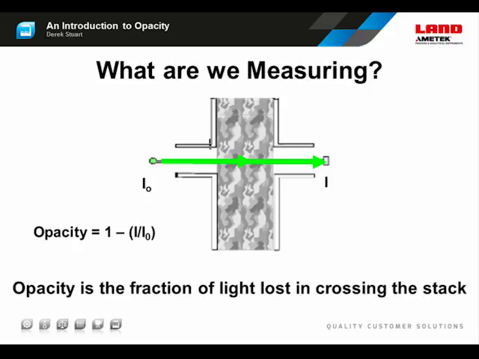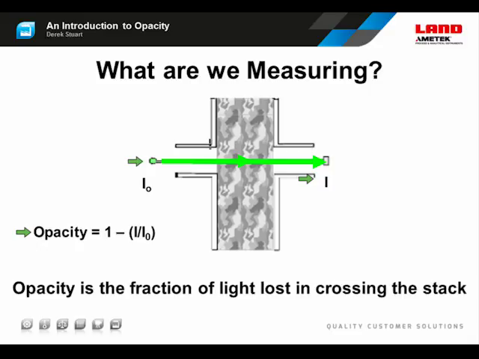So the mathematical definition of opacity is the fraction of light that's lost in crossing the stack. So if we have a light source on one side of the stack with intensity I0, and a detector on the other side that measures intensity I, opacity is 1 minus I divided by I0.